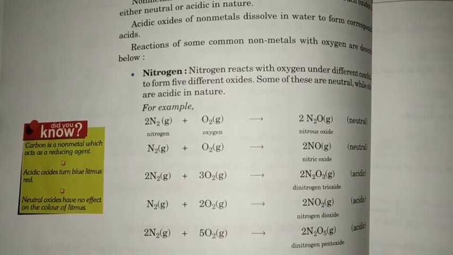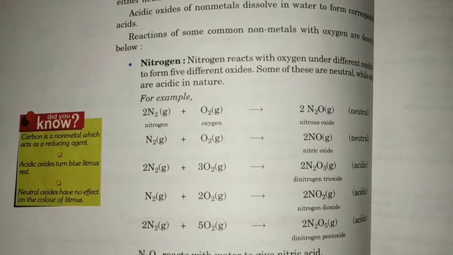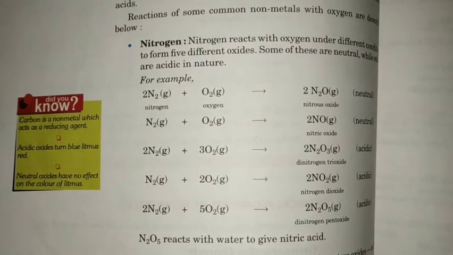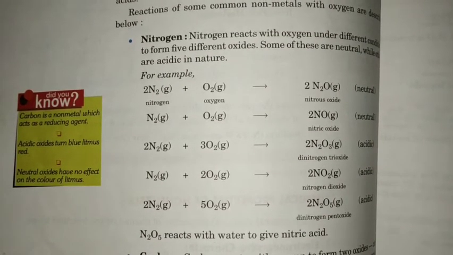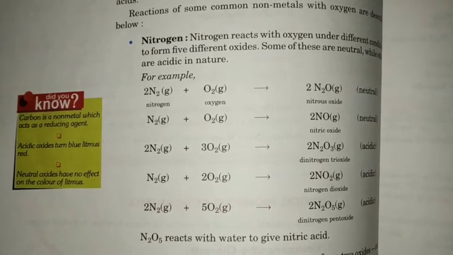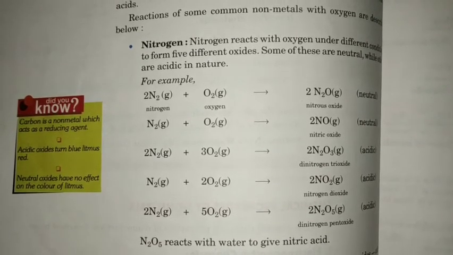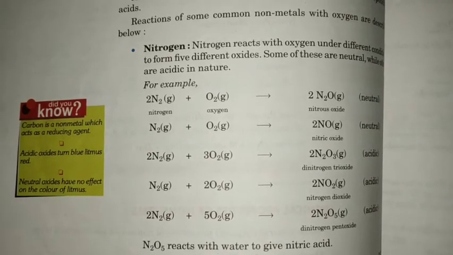Some examples of common non-metals with oxygen are described below. Now see here, nitrogen is given. Nitrogen is a non-metal. Now we are going to see how nitrogen reacts with oxygen. When nitrogen reacts with oxygen under different conditions, it forms 5 different oxides.